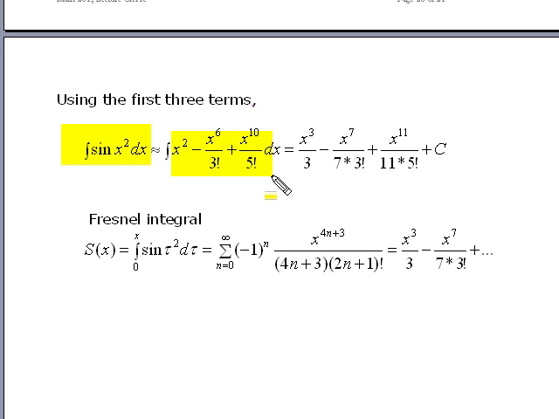Here's just the first 3 terms. I'll end up with, of course, just using the power rule, x to the 3rd over 3 minus x to the 7th over 7, but it has to be multiplied by this 3 factorial from the original expansion, and then x to the 11th over 11 times, and then I have the 5 factorial from the expansion of sine x squared.